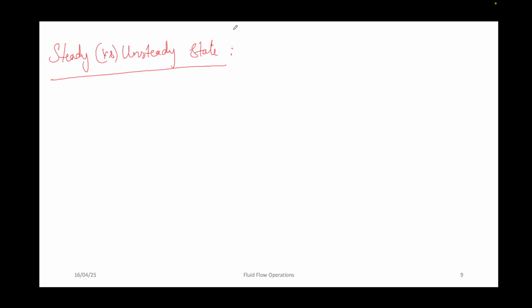What is the difference between steady state and unsteady state?